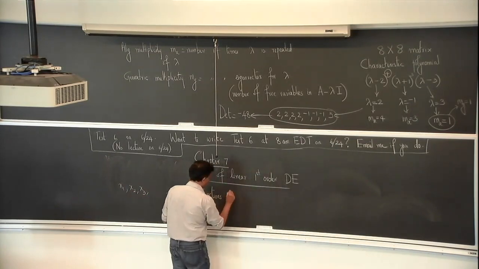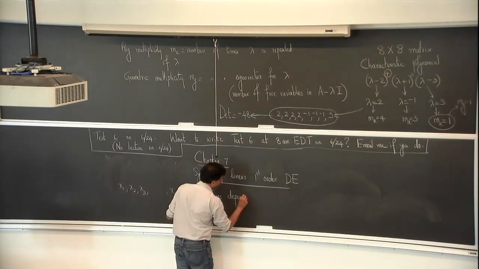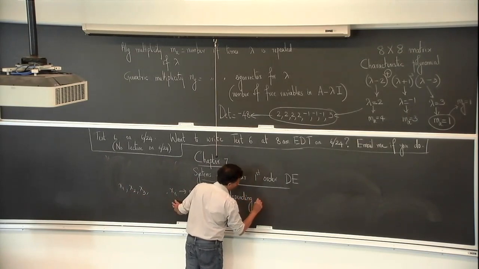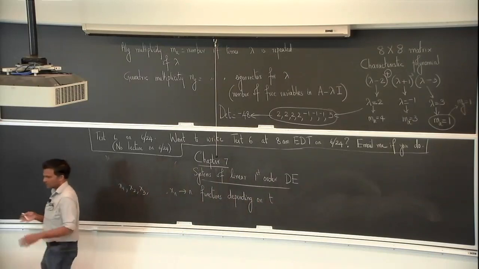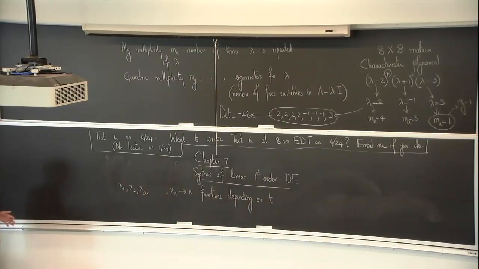Okay. So depending on t. You can think about this as maybe n species of population or n components in a chemical reaction, all of which are changing with time.